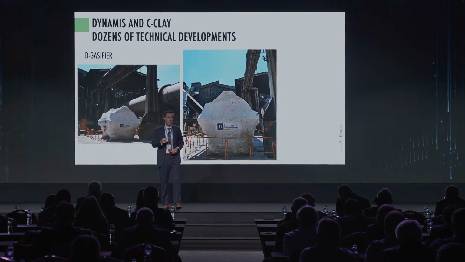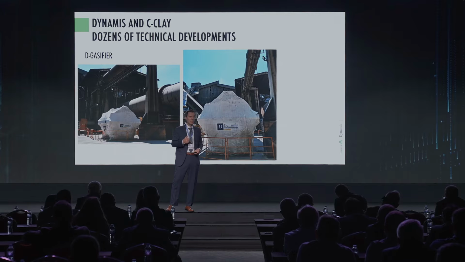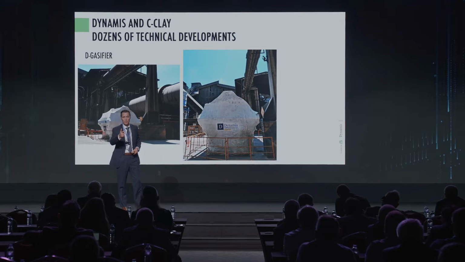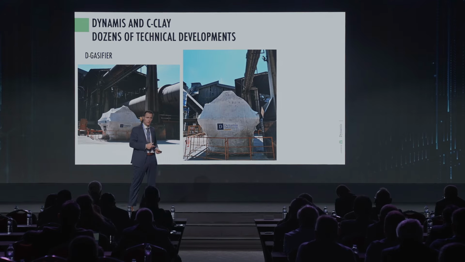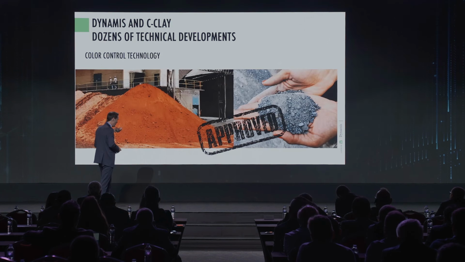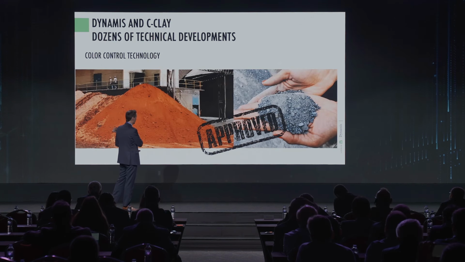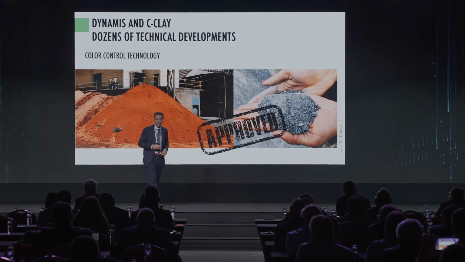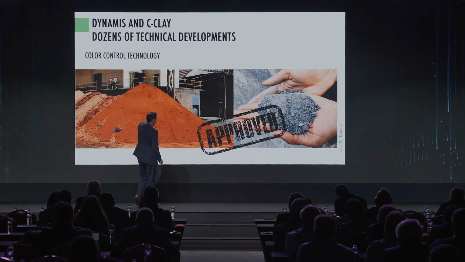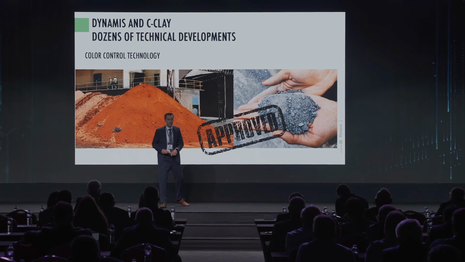Very important to achieve, in the very first moment, the quality that we needed for the calcined clay. But now it's very important to achieve 80% TSR, and also for the color control. So, color control, this is what we are doing in Colombia. We are starting from this and producing this.